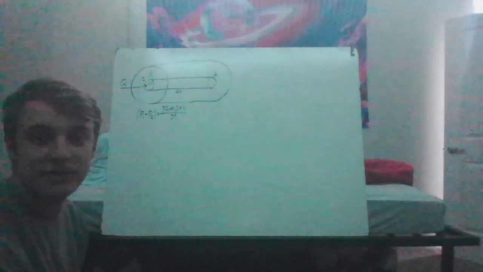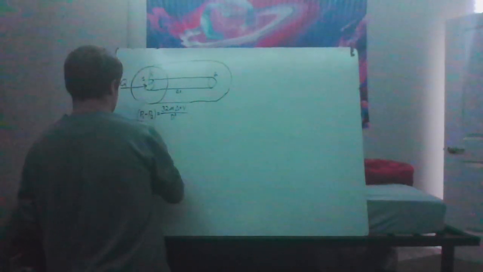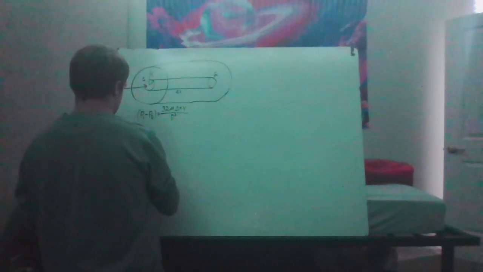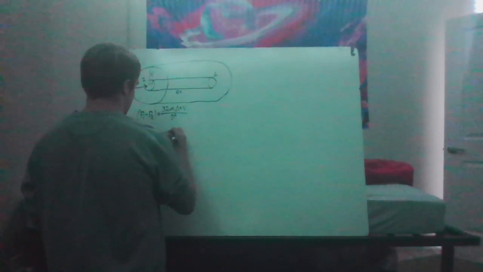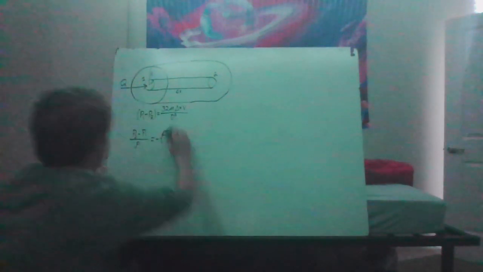And now what we're going to want to do is plug this into Bernoulli's equation. Again, Bernoulli's equation is P2 minus P1 over rho is equal to the negative of the friction factor. That's really bad. Let me redraw this.